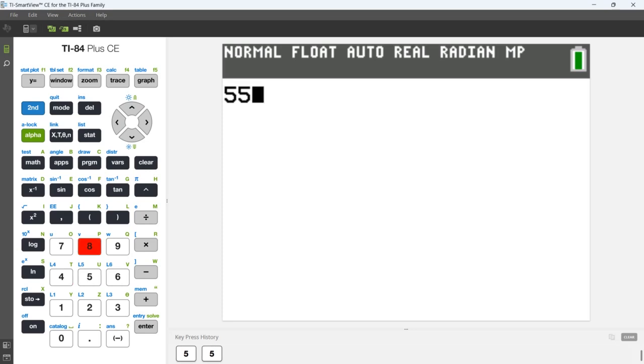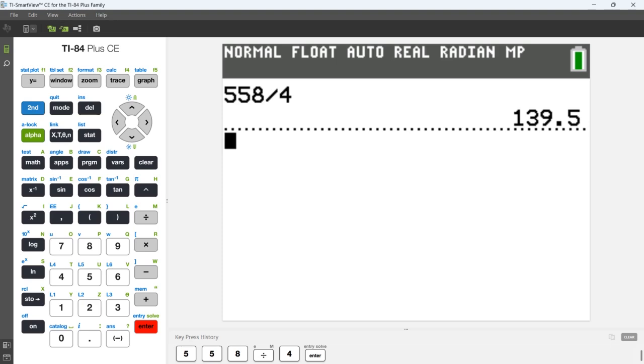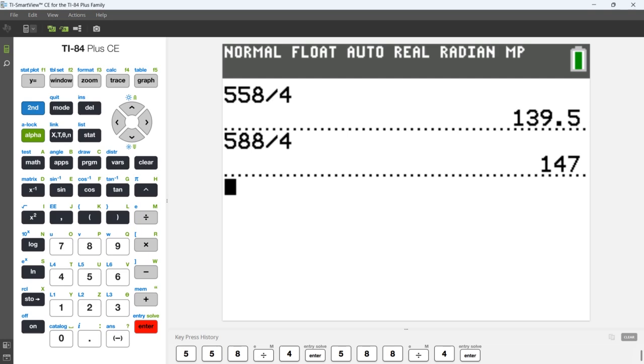588 divided by 4, that does not work. Sorry, 588 divided by 4. Okay, that does work, but 4 is an extremely small square number. We should definitely continue to check other ones.